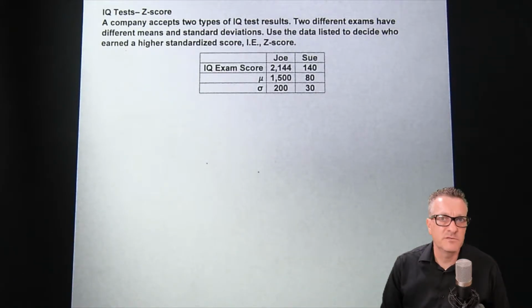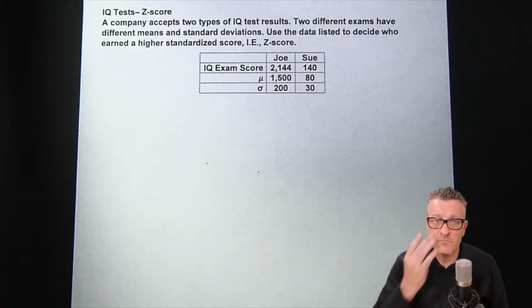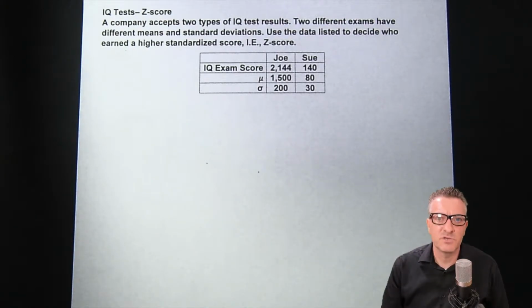And the times that we would use this is when we want to figure out, number one, it's a point. You have to have the point within a distribution to make this calculation, whereas coefficient of variation, you don't. It's more of a generalized type of calculation. The other thing is when we use a z-score, we can compare, say, a point in that distribution to another point in a different distribution when the means of each distribution and the standard deviations are different.